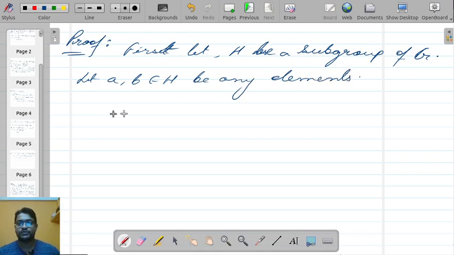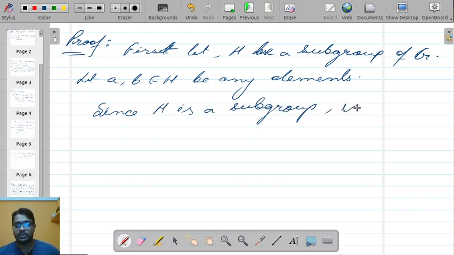Since H is a subgroup, by our definition of subgroup, H is itself a group.